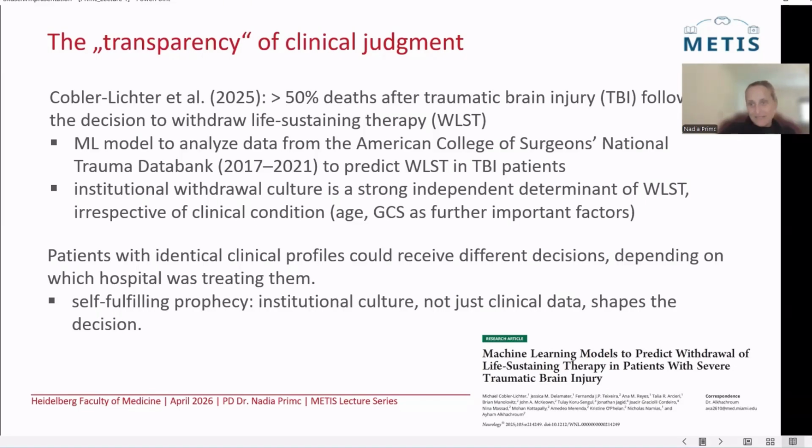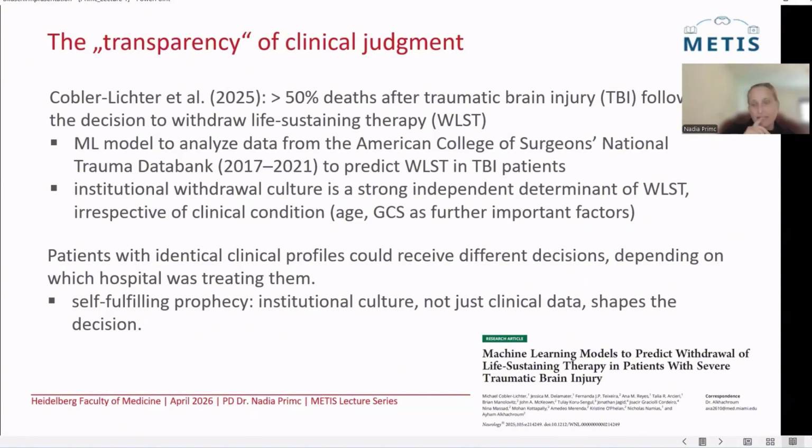So what their study showed, and the machine learning system they used revealed, was that the institution's culture, its habits, its informal norms around end-of-life decision-making were a very strong and independent predictor of the outcome, separate from anything in the clinical data. So I want to be precise about what this study does and does not show.